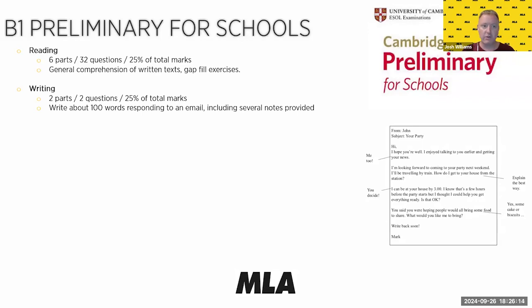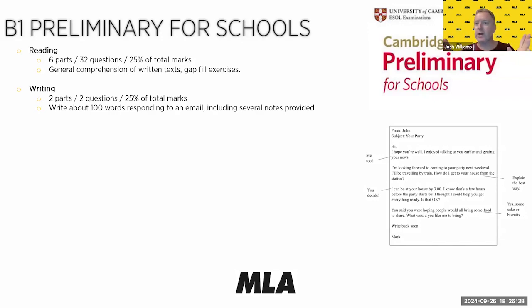If you Google B1 Preliminary writing, I'm sure you'll get lots of examples. There is a lot of free information on the web about all these exams. As I said, I've included a lot of websites in the handout, but Google and YouTube are your friends too. So you basically receive this email and you have to write something back.